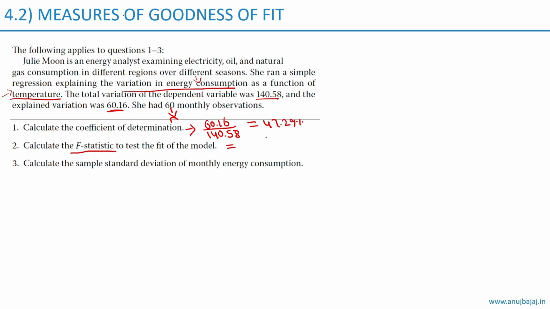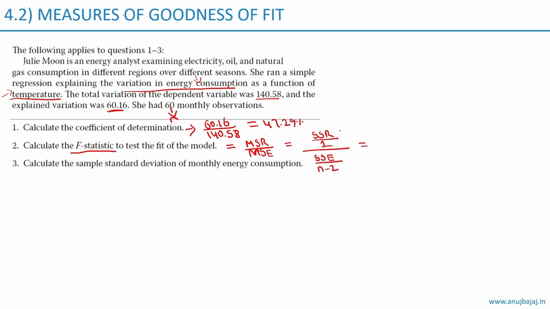F statistic equals mean squared regression divided by the mean squared error. The mean squared regression is nothing but sum of squares regression divided by 1, and mean squared error is sum of squares error divided by n minus 2.